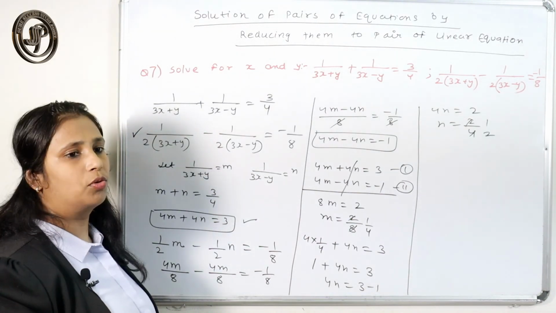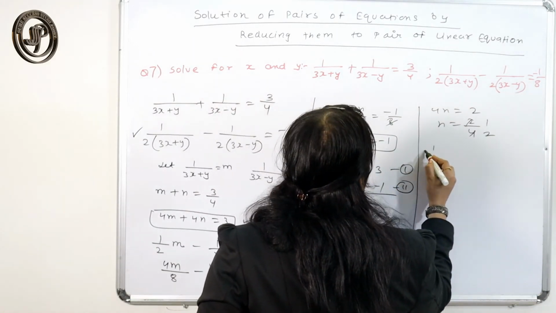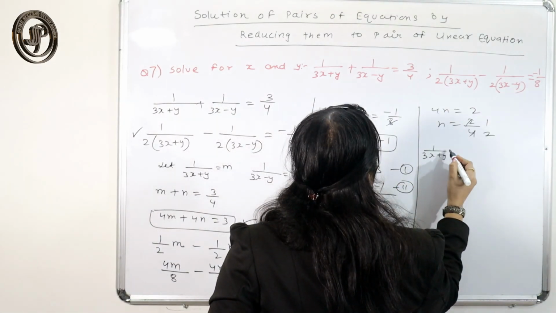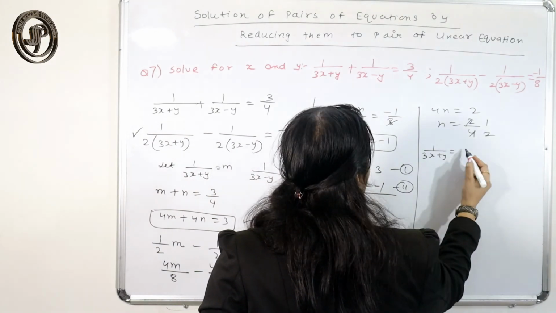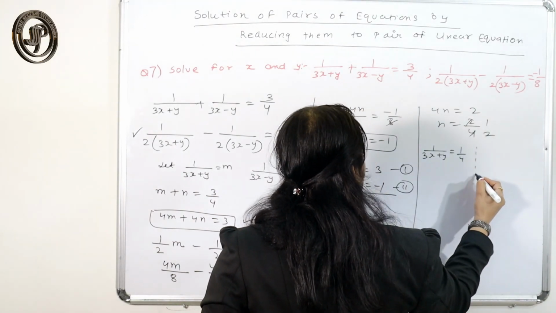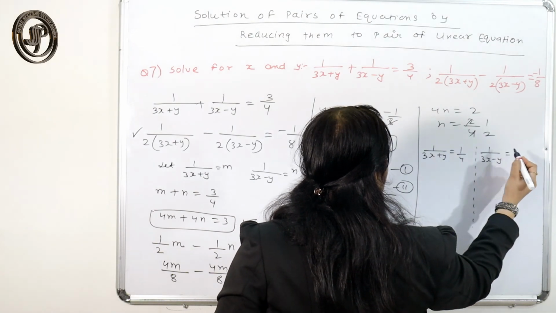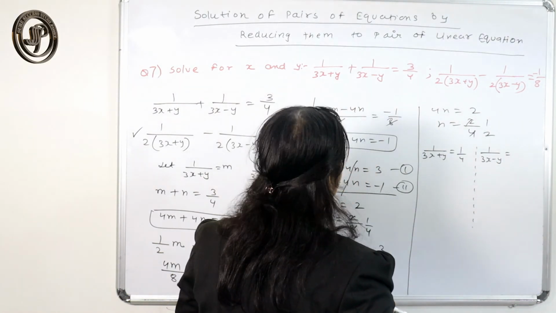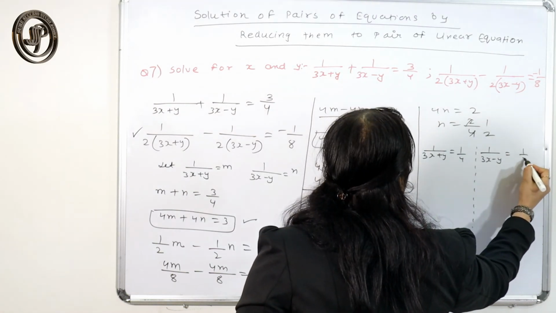Now, what do you have to do? Substitute the value of m and n again. So, m is how much? 1 by 4, and n is how much? 1 by 2.